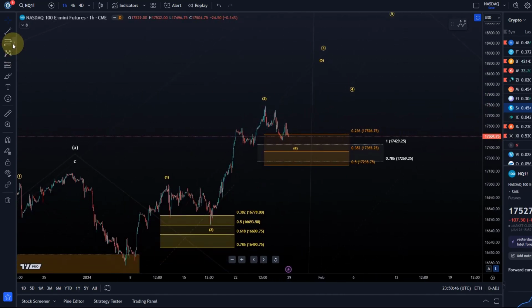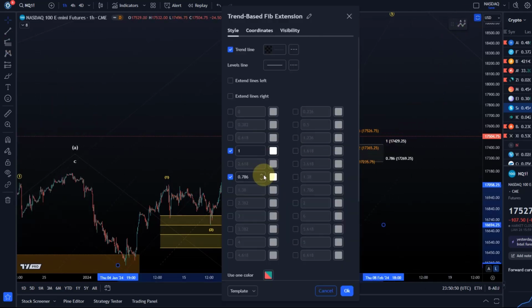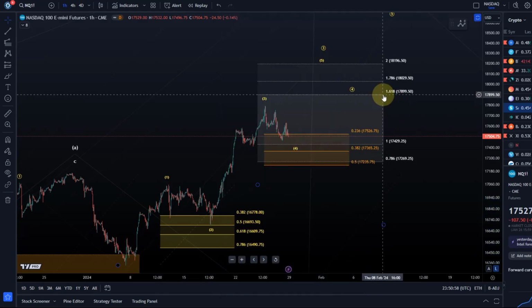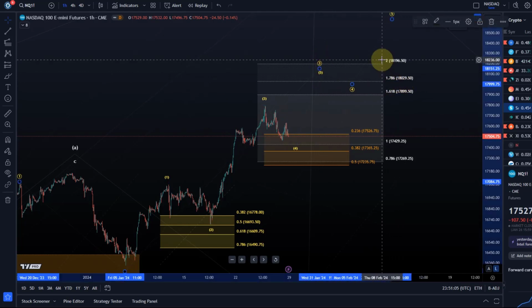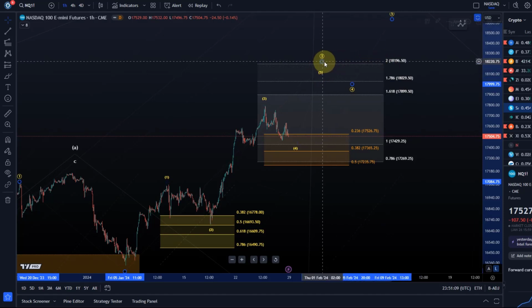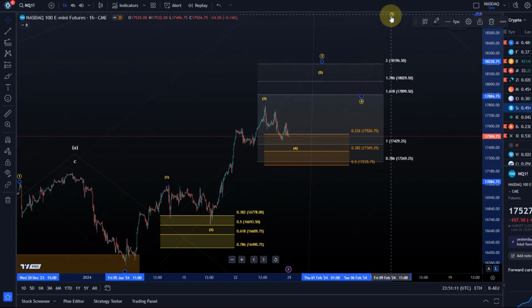We can also use the Fibonacci extensions to calculate targets for that fifth wave. I'd be looking at the area probably around 17,900 as a minimum for that fifth wave. Better would be 18,030 or 18,200 as wave 5 of 3. Then we could still get another 4-5 section afterwards.